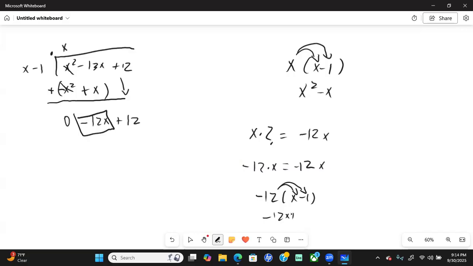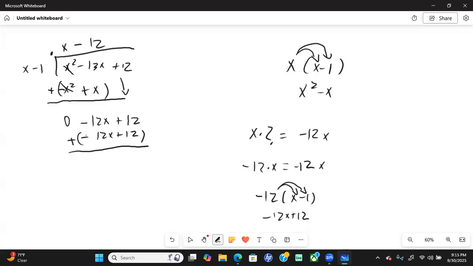Negative 12x plus 12. Okay. So I can take this minus 12, because remember, that's what I'm multiplying by. Negative 12x plus 12. And remember, I am subtracting these.